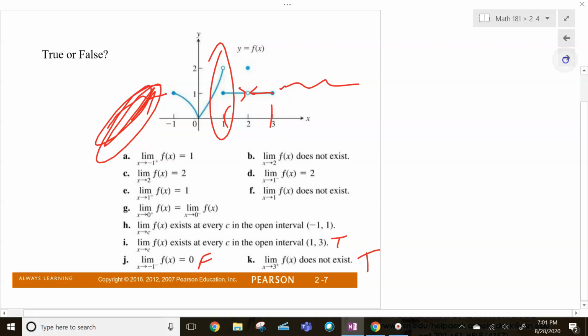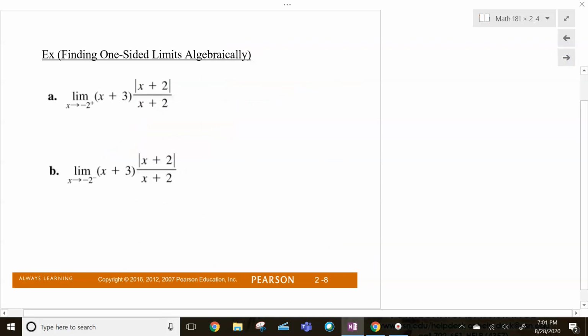There's not defined there. All right, how about can you do this stuff algebraically? Yeah, you can. So if you're approaching -2 from the right, you have x values. So even though if you plug in -2 for x, this thing's undefined, I can't just substitute it in. But what I can do is think about the absolute value here of x plus 2.